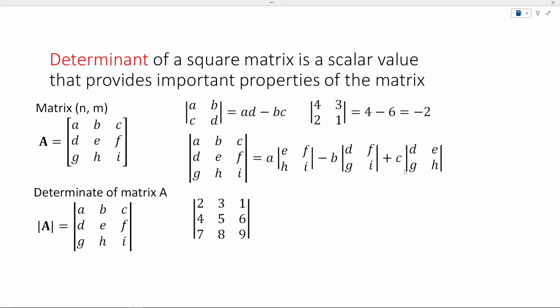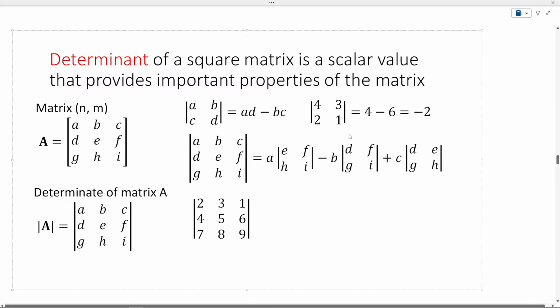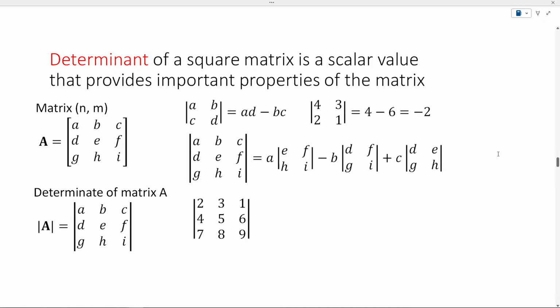Invertible means this matrix has a unique solution, as I will be discussing later when we get to this topic.